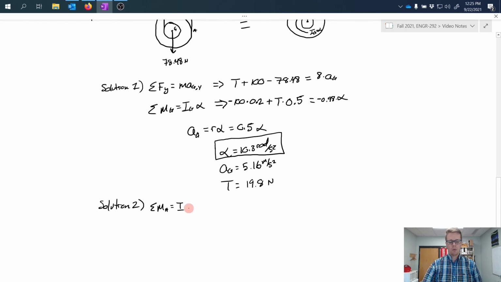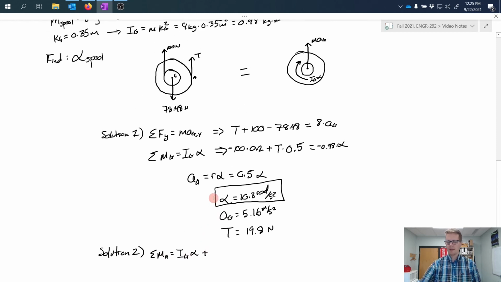Now, one thing we have to be aware of here is I only know the moment of inertia about G, so I'm going to write that in, Ig alpha. But now because I'm not rotating or taking the moment around G, I need to add in the fact that my body, my rigid body, is moving or accelerating about this point A at the same time.